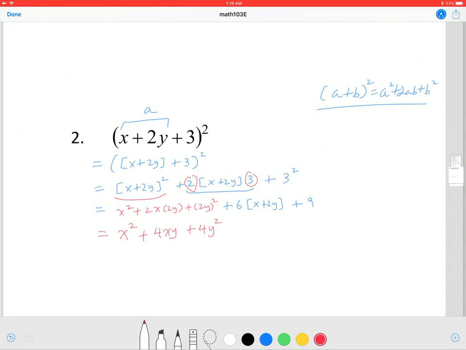Now distribute the 6 and get 6x plus 12y plus 9. That's pretty long. That's a 6-term polynomial. And if you inspect this carefully, there is no like term. So that's the final result.